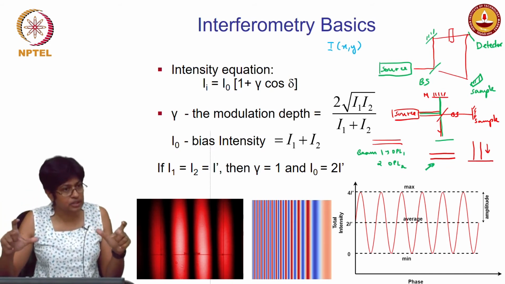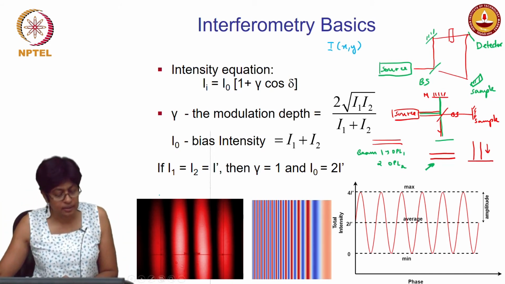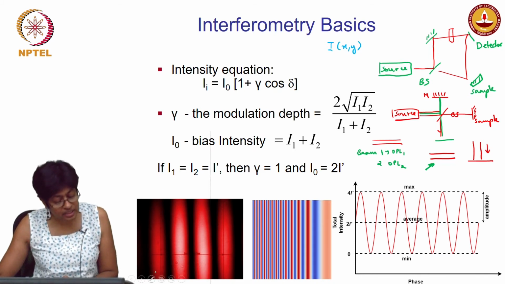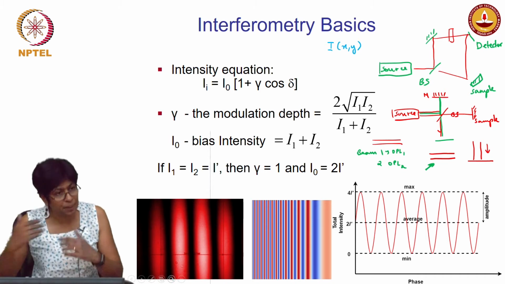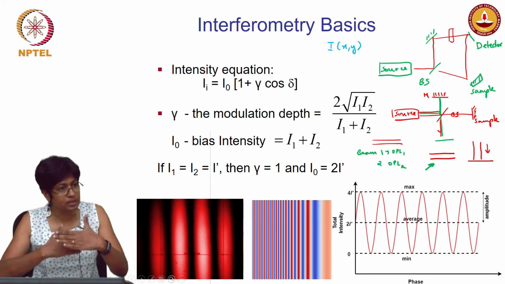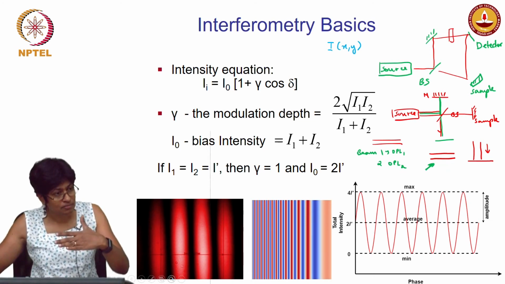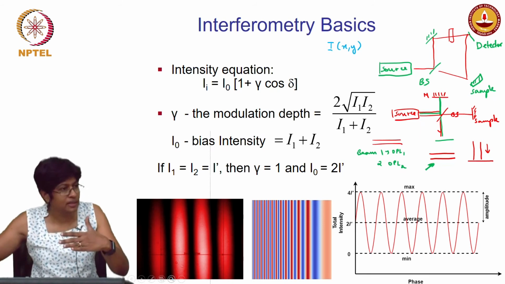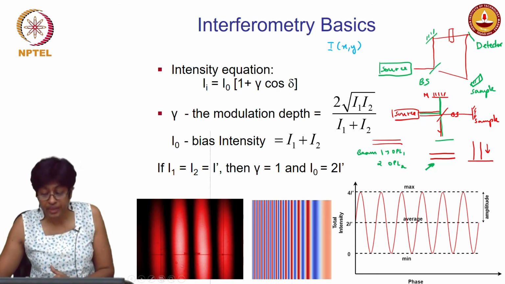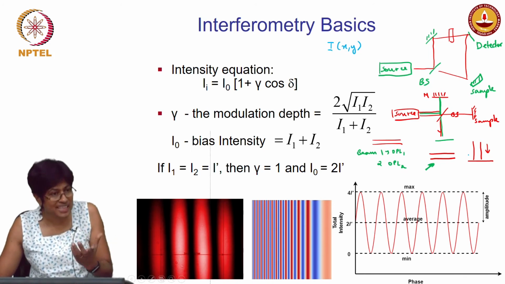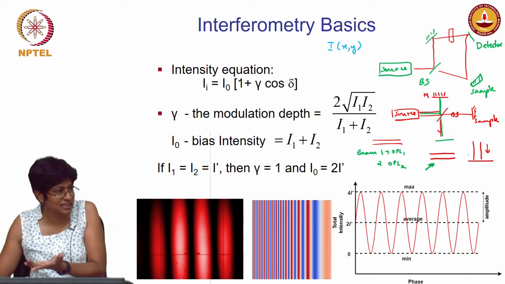When do I get fringes? The fringes here, you're saying this region constructive interference happened, here destructive interference happened. That means a path length difference between the two interfering beams is not the same everywhere. If you have the same path length difference everywhere, then over here you will just see the same intensity, right?